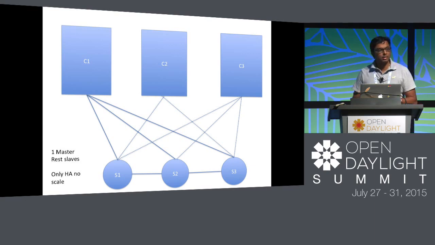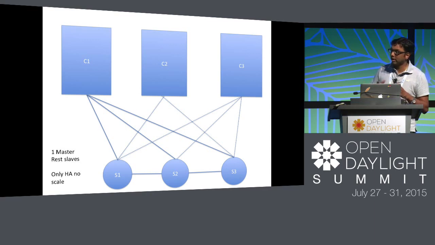How that is done: we can try to follow the leadership of a shard of a data store, inventory config or inventory operational, and make that node the master wherever that data store shard is a leader. Again, this is just HA and no scale as such.